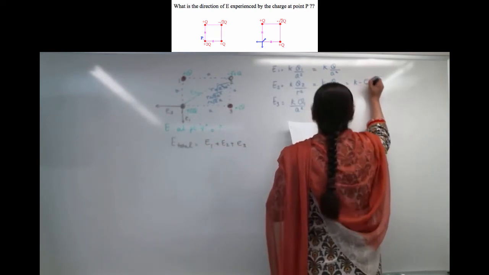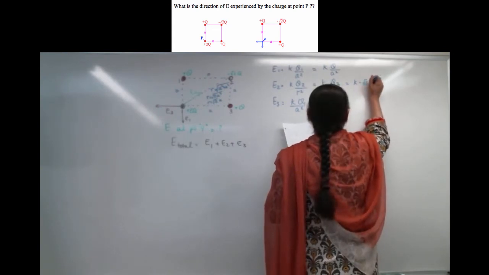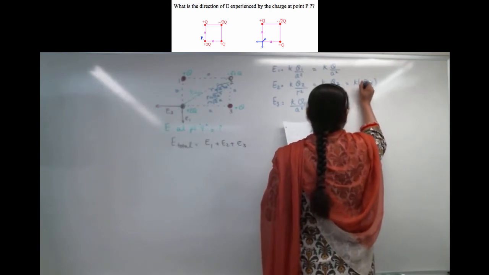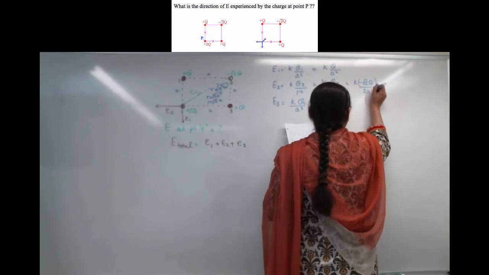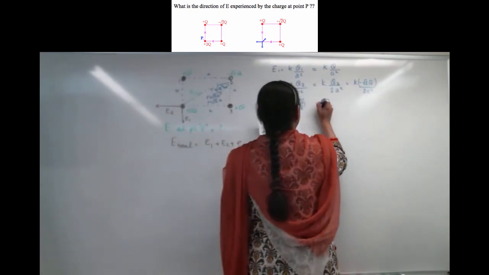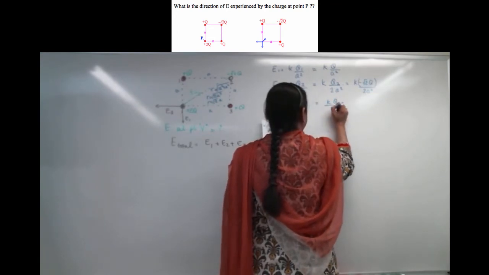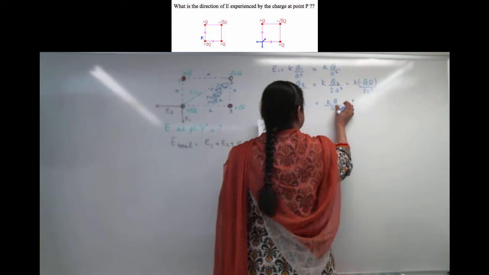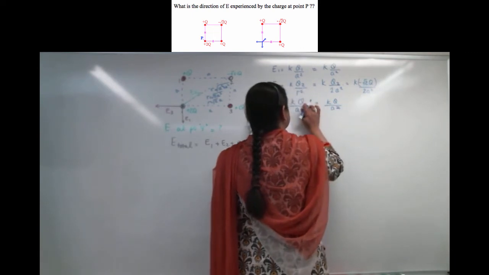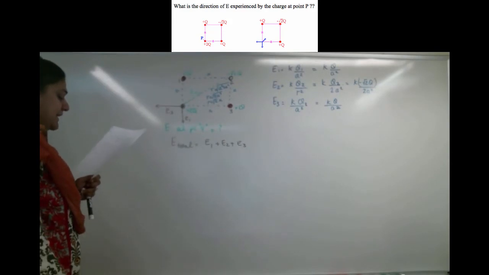K times minus square root of 2 Q divided by 2A squared. Okay? And what is Q3? KQ over A squared. Sorry, this should be E3, right? These are the charges.